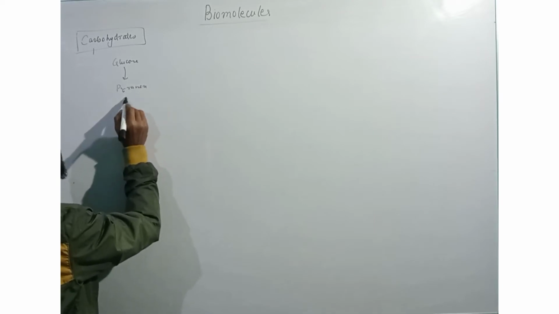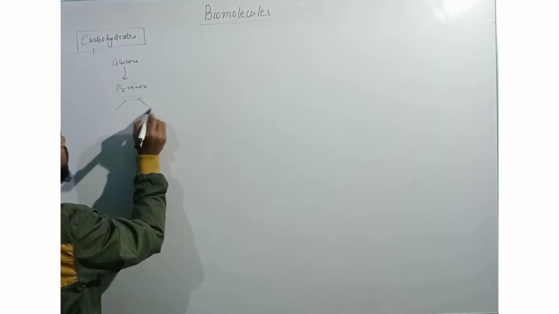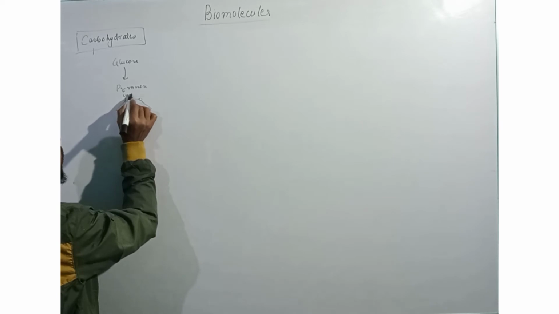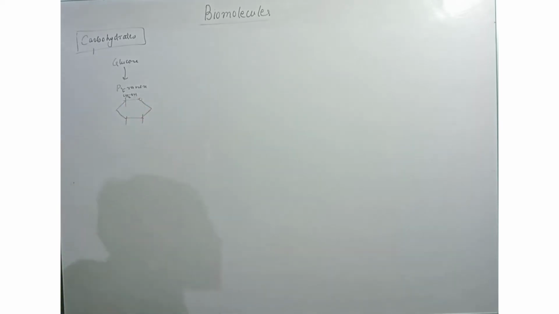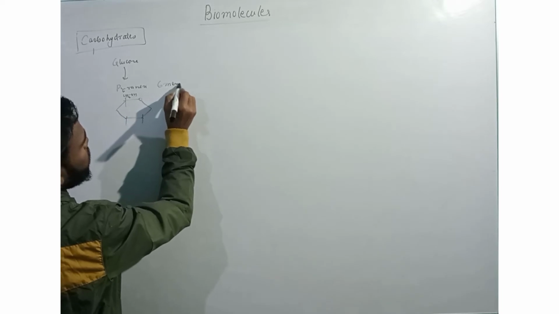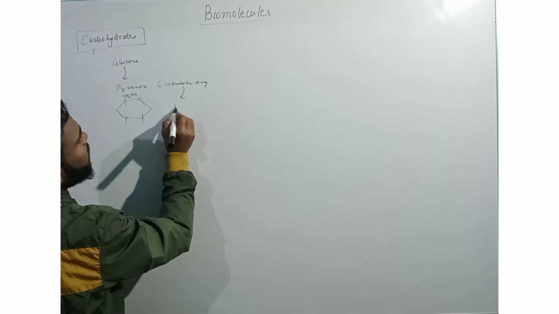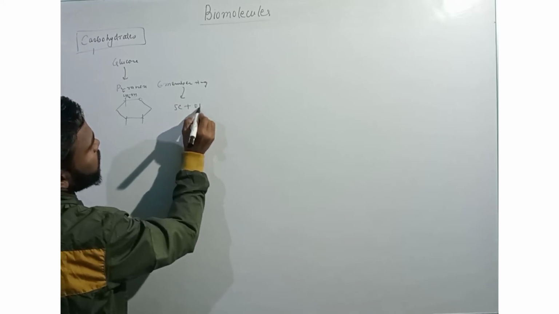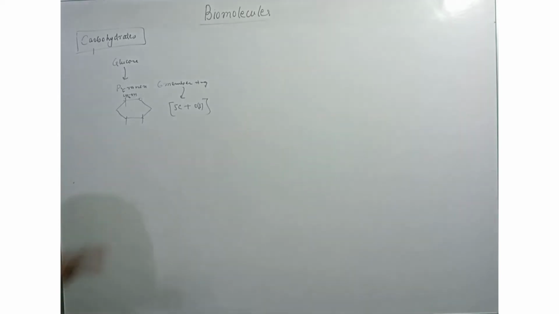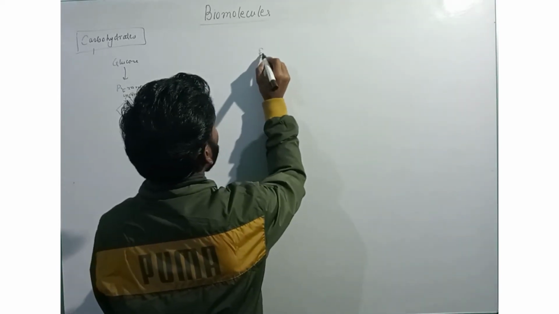Pyranose contains a 6-member ring. Please do remember. It means that it contains 5 carbon plus 1 oxygen.